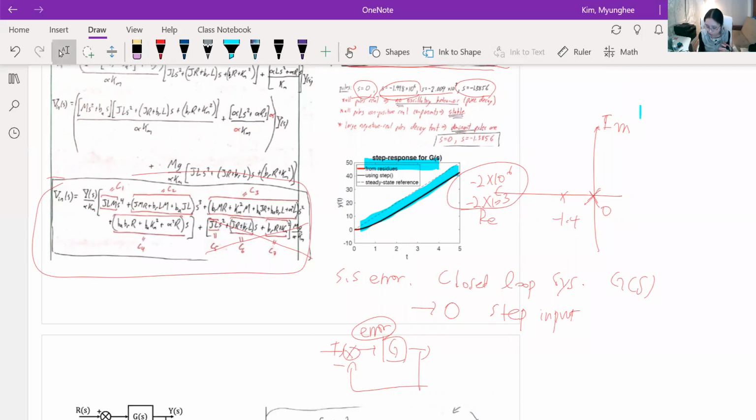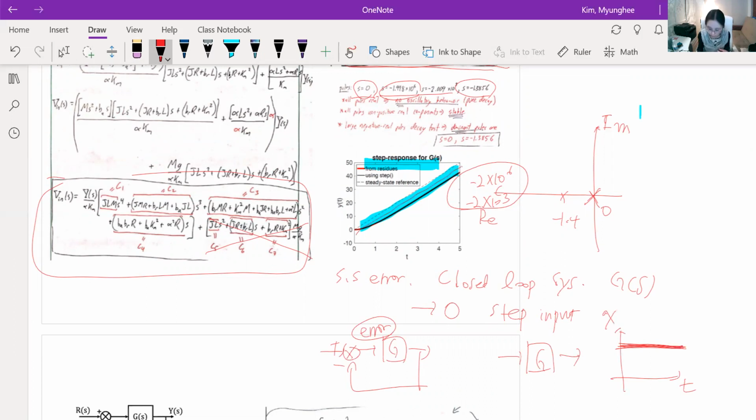But if you look at only the response of the G, because there's an integrator, it accumulates this step response. So it increases in time more like this.